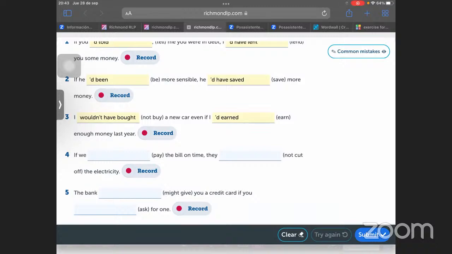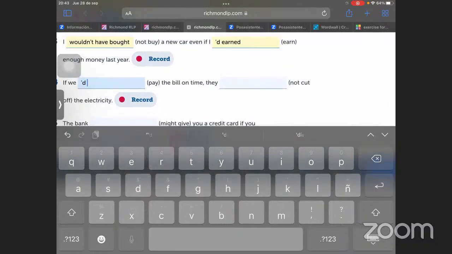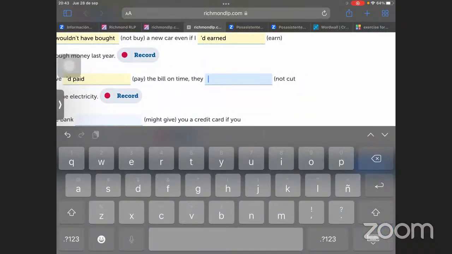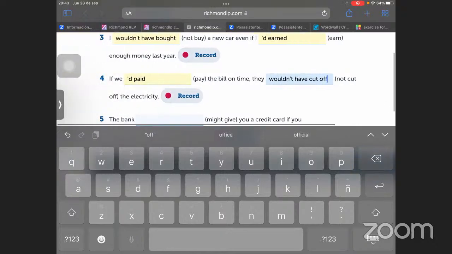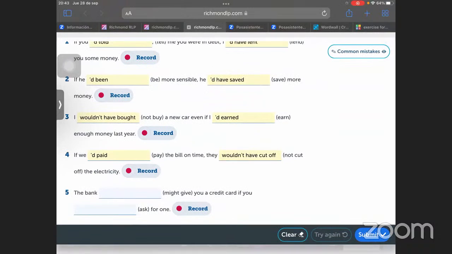If we had paid the bill on time, they wouldn't have cut off the electricity. Good.